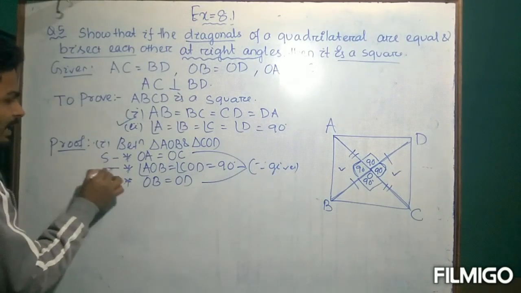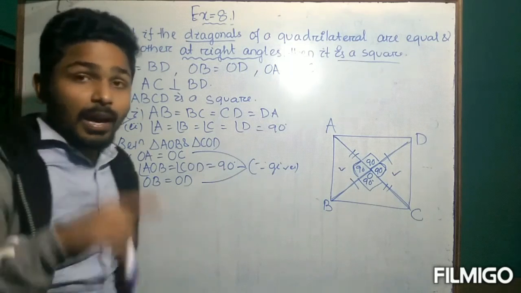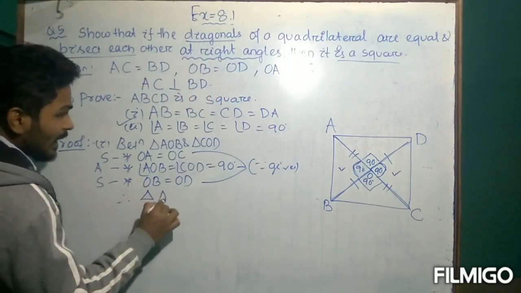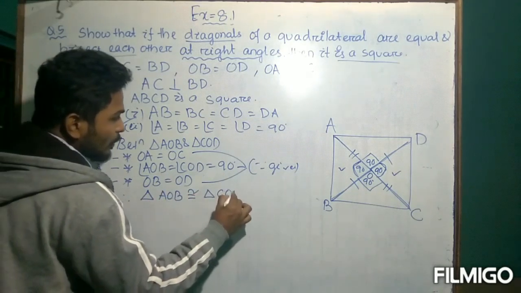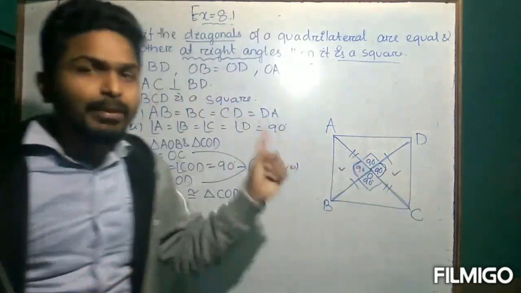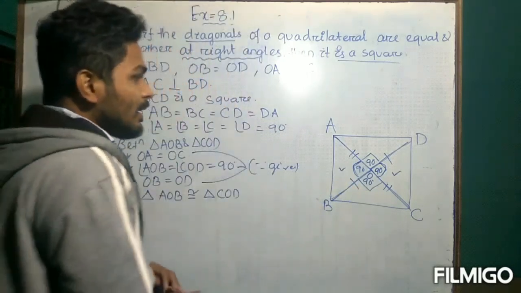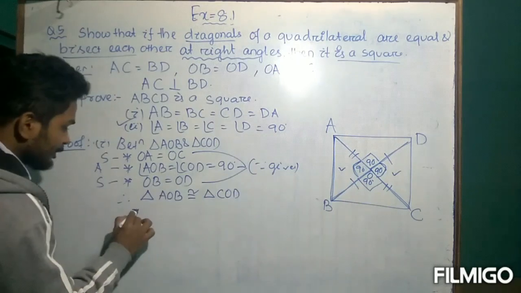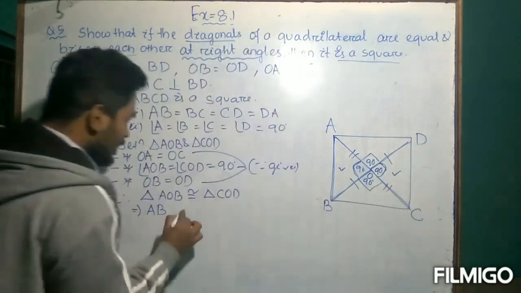So by side, angle, side, these two triangles become congruent. So we can write triangle AOB is congruent to the triangle COD. Do you understand this? If any two triangles are congruent, then their corresponding parts must be equal. If we consider AOB triangle, then AB is a part, and if we consider COD triangle, then CD is a part.